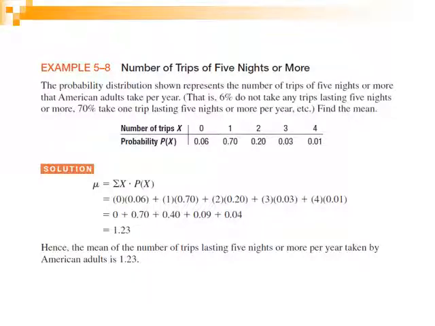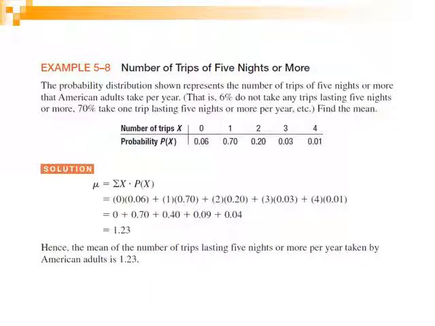Let's take another example. Number of trips of 5 nights or more. The probability distribution shown represents the number of trips of 5 nights or more that American adults take per year. This table consists of the number of trips in the first row and the associated probability of each number in the second row.